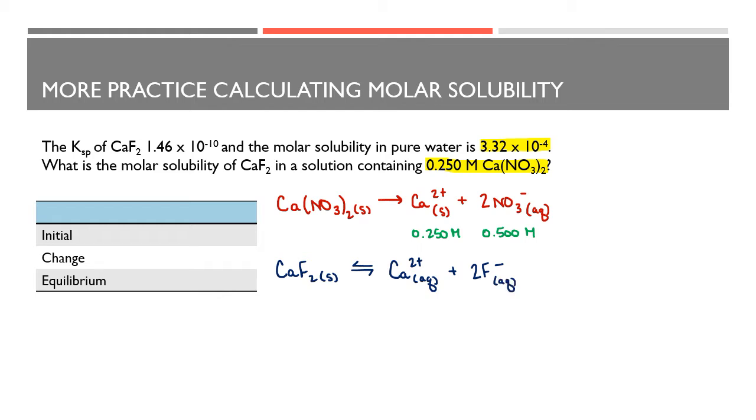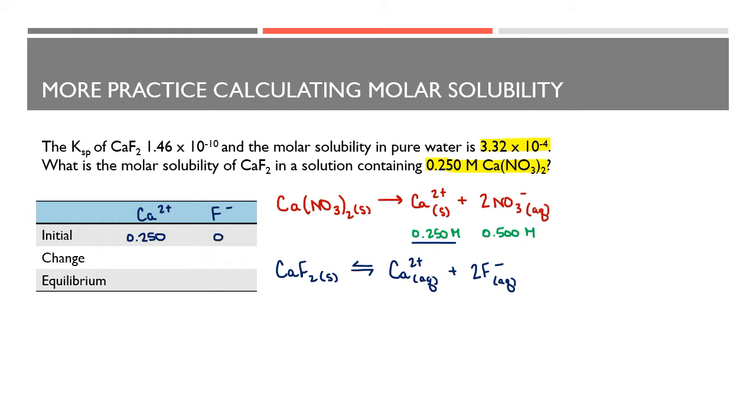So when we fill out our ice table, we already have some calcium in the solution. So here we are with our ice table. We have calcium ions and fluoride ions that we're going to be concerned with. And we already have 0.250 molar calcium ion in this solution. So we'll put that in our initial portion of this chart.